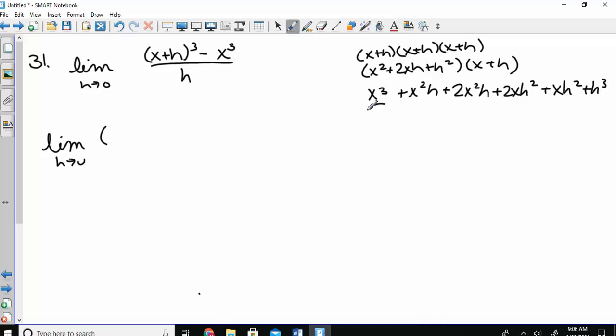If I combine like terms, we have an x cubed, 3x squared h, 3xh squared, and then h cubed.